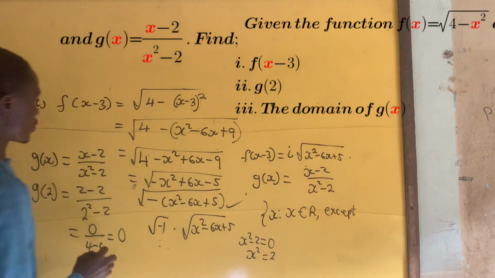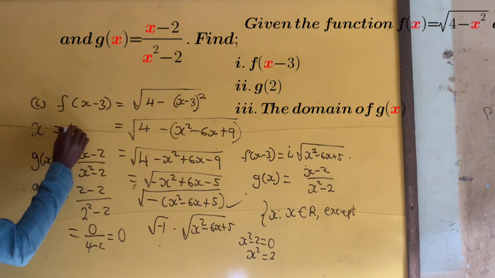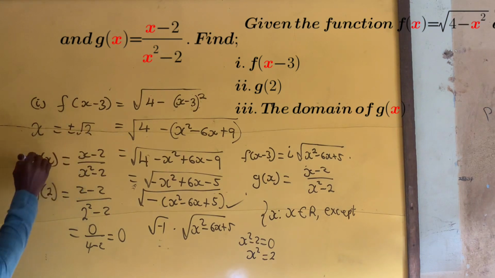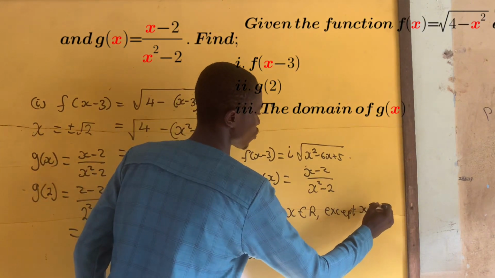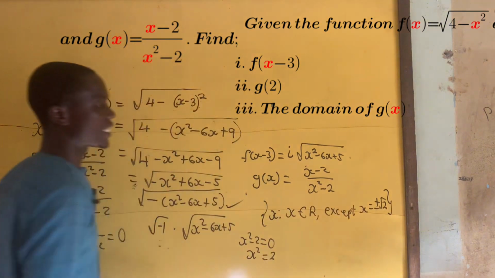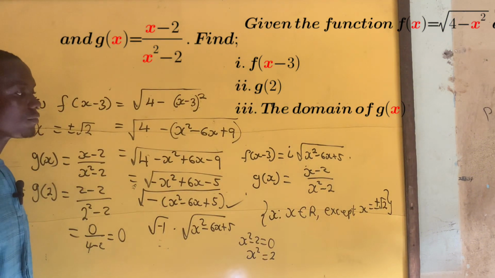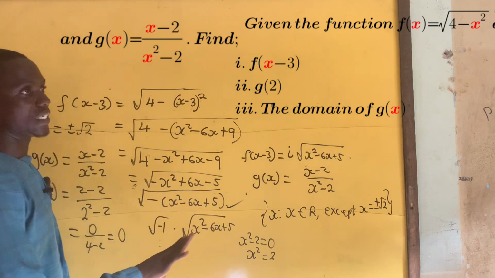And if x squared is equal to 2, I'm going to have x equals plus or minus root 2. Because if you take square root of this and take square root of this, so except x equals plus or minus root 2. You can state the domain this way. So this is the domain that includes the exception.